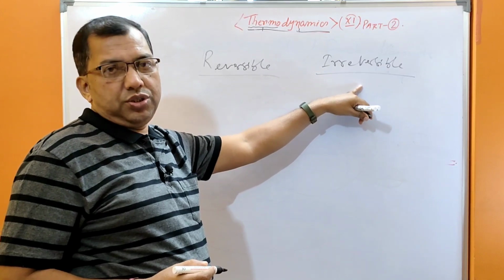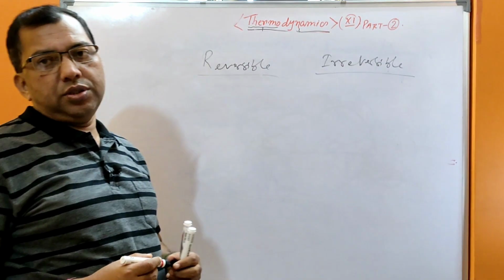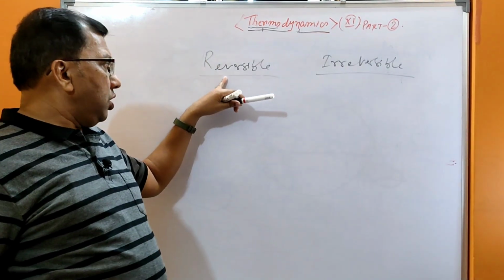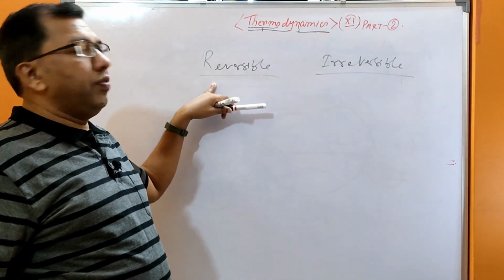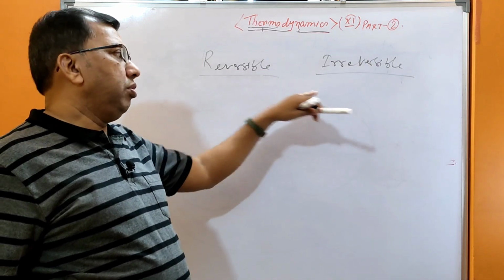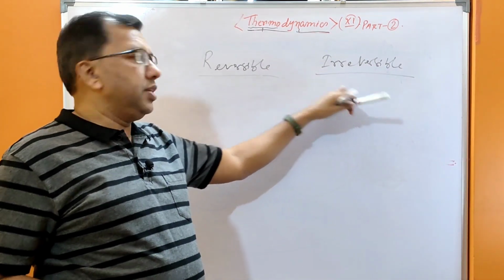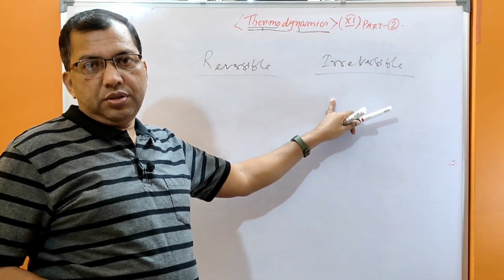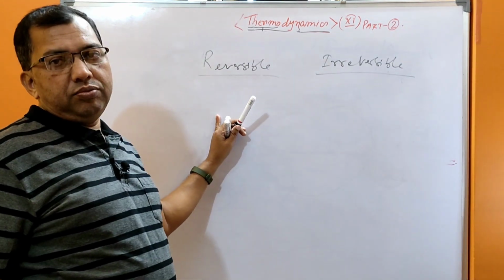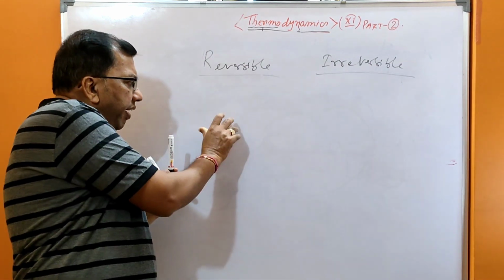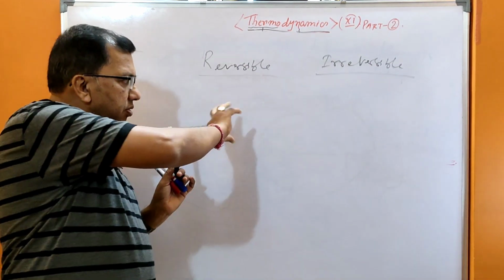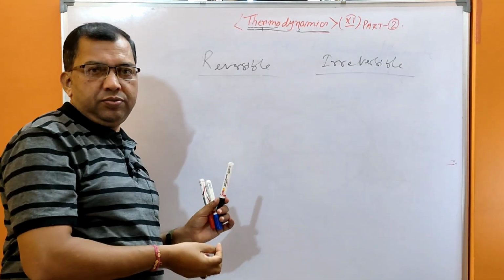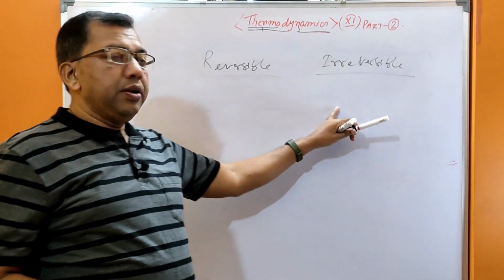What is an irreversible process? One of the processes is reversible and the other irreversible. One follows a reversible path, the other an irreversible path. This is an ideal process and this is a spontaneous process. This takes infinite time, with infinitesimally small changes. But this one takes finite time.